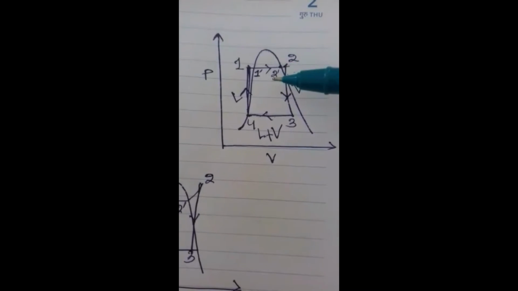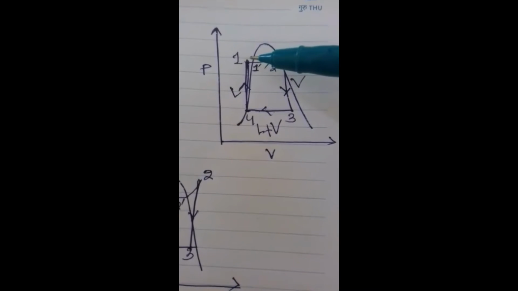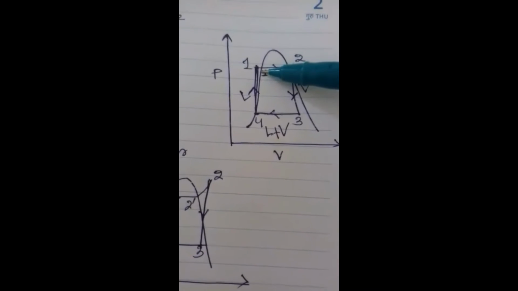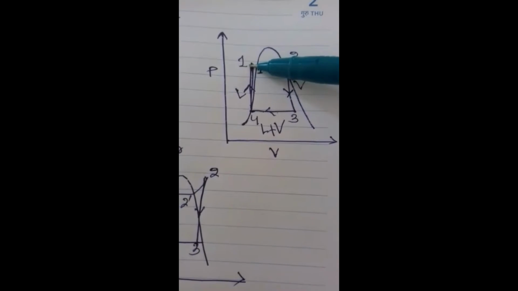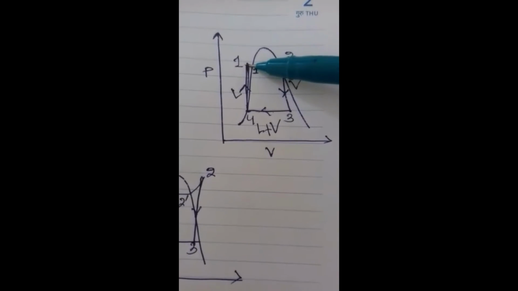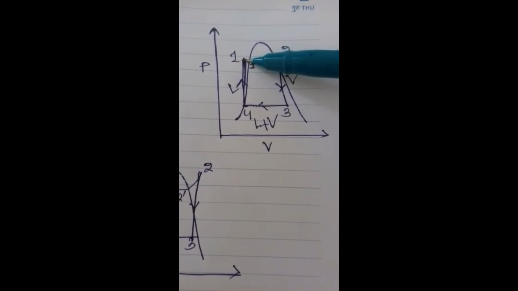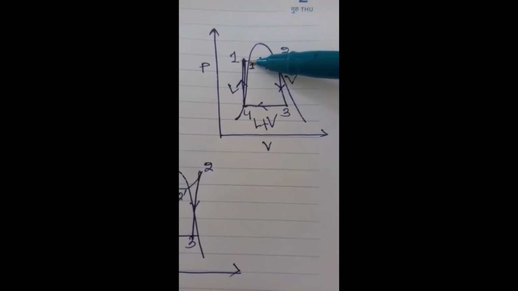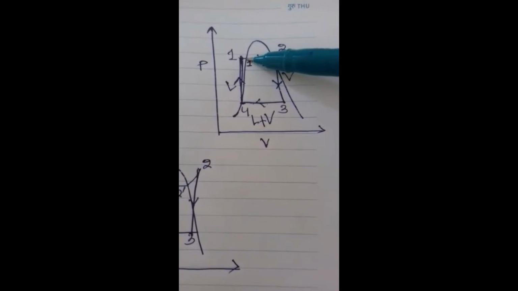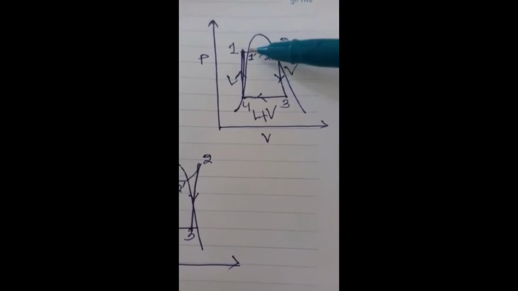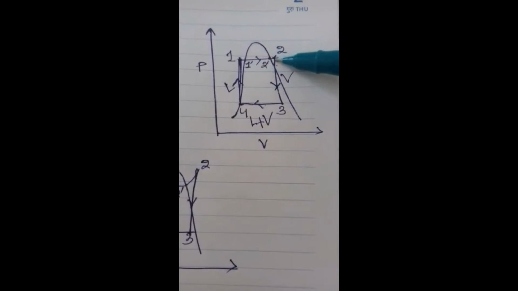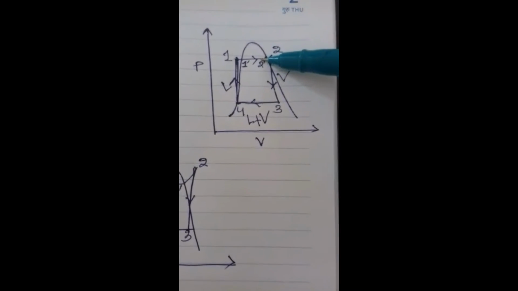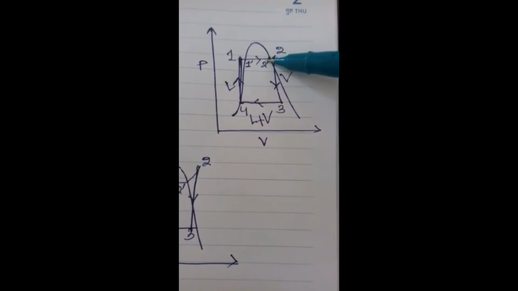When the water enters the boiler at state 1, it may be saturated liquid or simple liquid. First, by the addition of heat, the liquid changes to saturated liquid by sensible heating. Then from saturated liquid to saturated vapor, it changes phase by the addition of latent heat.